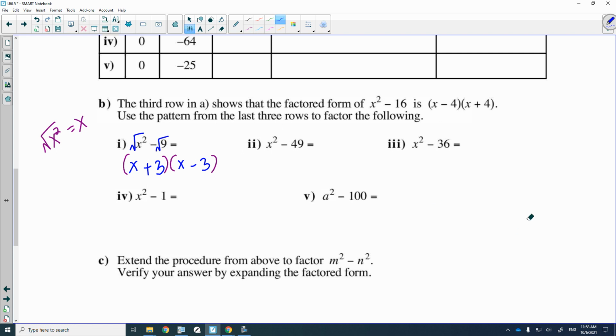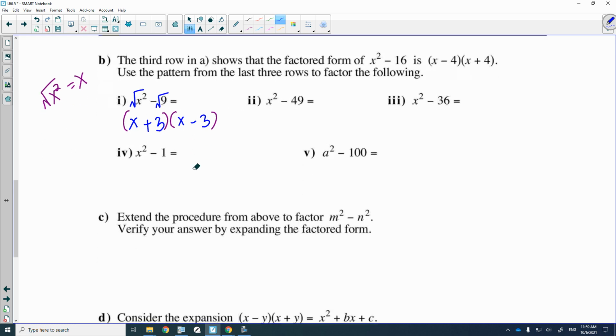I want to show you just off to the side here, so you have room to write. I want you to write these two factors, and I'm going to show you why one gets a plus and one gets a minus. So let's write off to the side x plus 3 and x minus 3. I'm just going to put my ones in. If I said to expand this, I want you to expand it.